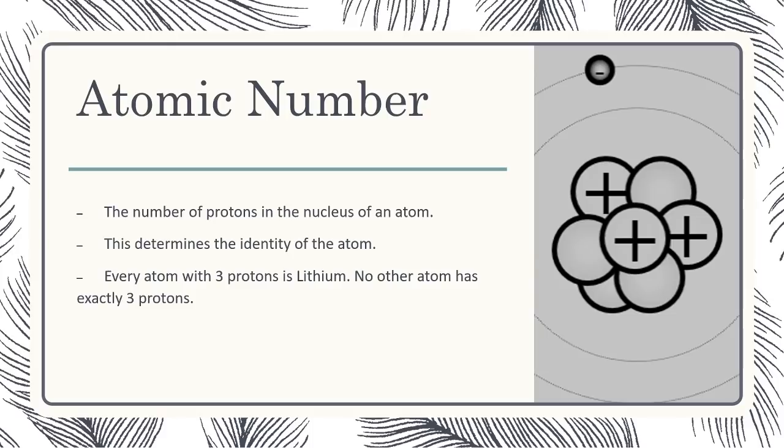That number is the atomic number and tells you exactly the number of protons that are going to exist in that nucleus. Okay. Every single lithium atom has 3 protons. There's no such thing as a lithium atom that has 4 protons or 1 proton. Okay, the protons identify the atom. If it has 1 proton, it's hydrogen. If it has 3 protons, it's lithium. 2 protons, it's helium. Always, always and forever.